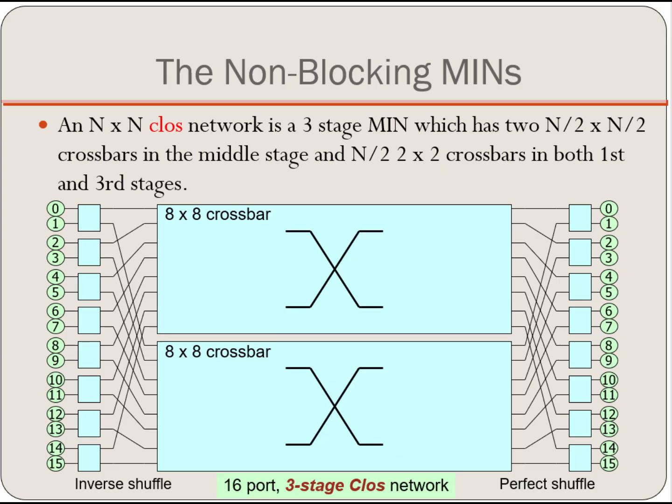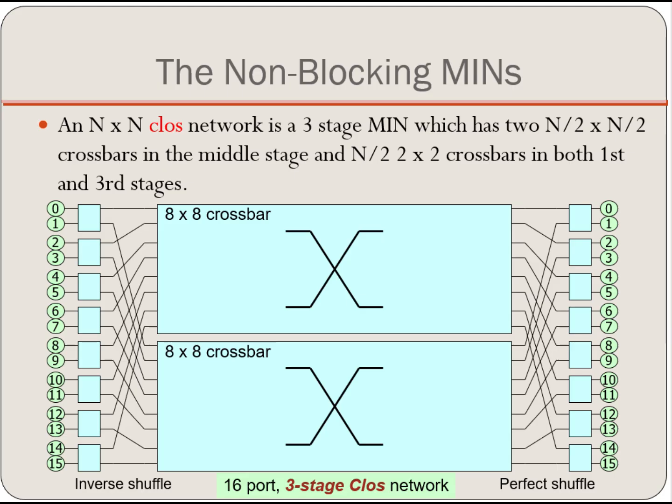To make a multi-stage network non-blocking, one clever design is the Clos network. They use more stages to eliminate the conflict and become non-blocking.